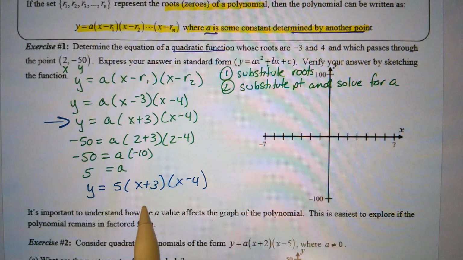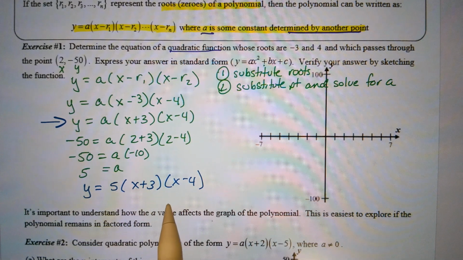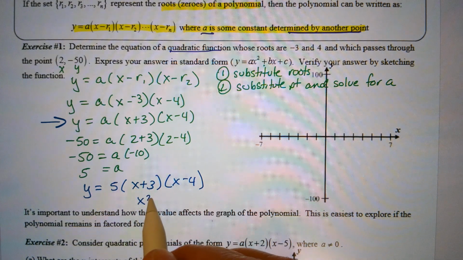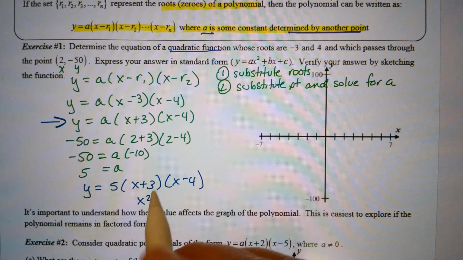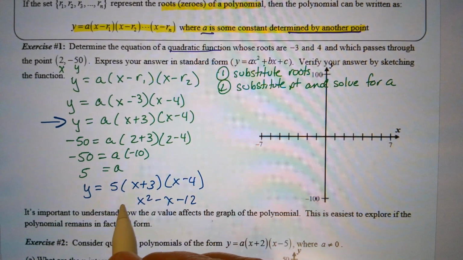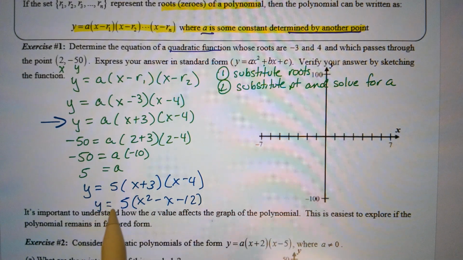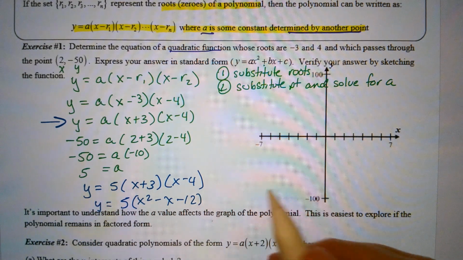It asks for standard form, so we do have to multiply this out. I'm going to multiply the two binomials, getting x squared minus 4x plus 3x, which is minus 1x, and minus 12. So that's the trinomial that results, and then distribute 5 over the parentheses.